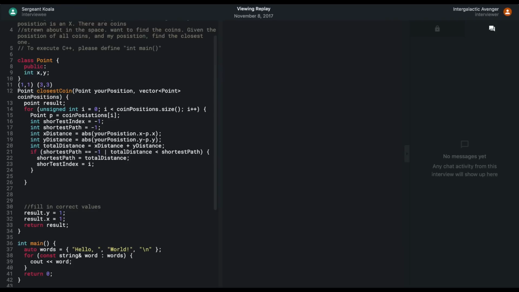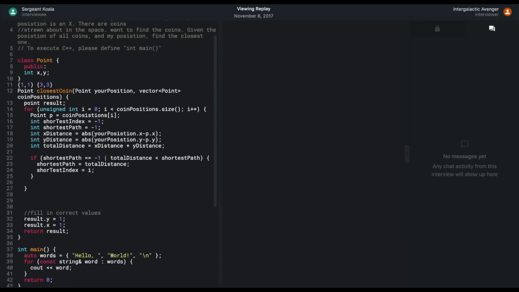So shortest path becomes total distance if total distance is shorter than the current shortest path, or if the shortest path is uninitialized. So that seems like that would work.